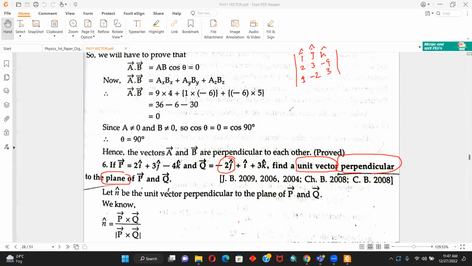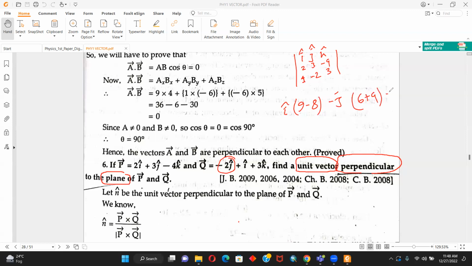First, let us do I: the row and column cancel out, so we get 3 times 3, 9, minus 2 times minus 4, that is minus 8. Then minus J: 2 times 3, 6, minus 4 times 1, that will be plus 4.